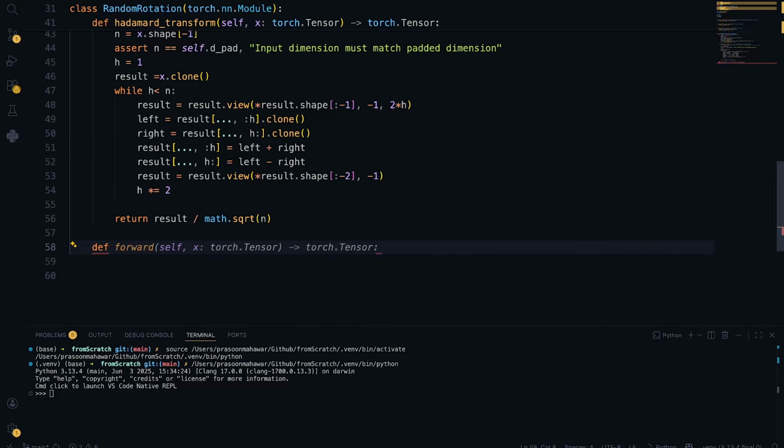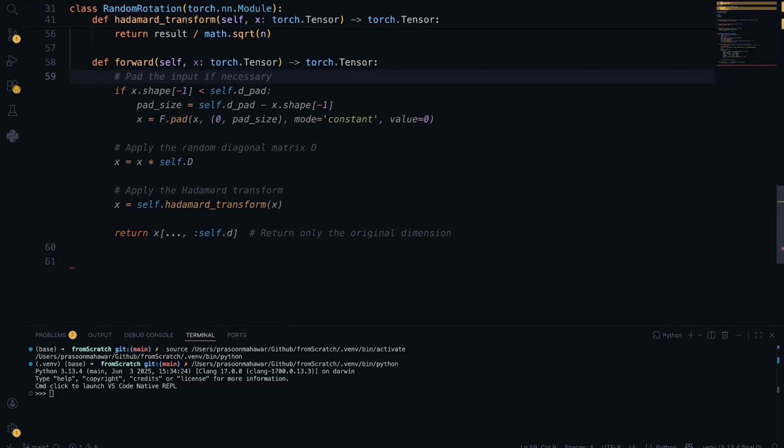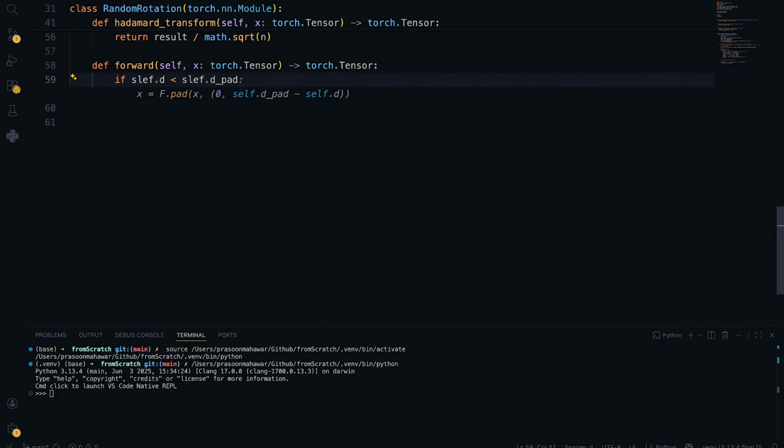So now let's write the forward method. That is the training, we apply the forward pass on any neural network. So this will have if self.d is less than self.d_pad, that is the padding one.